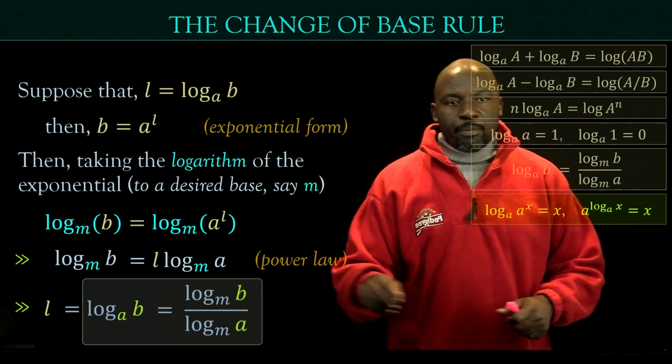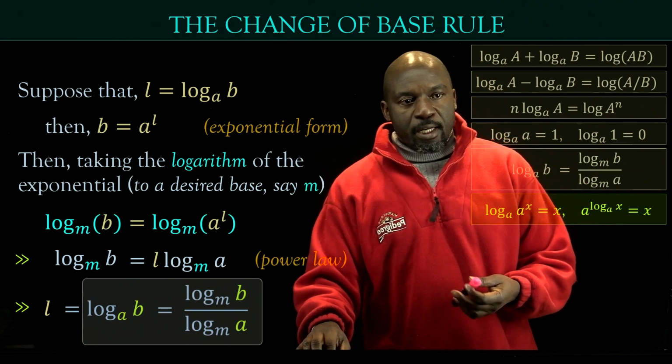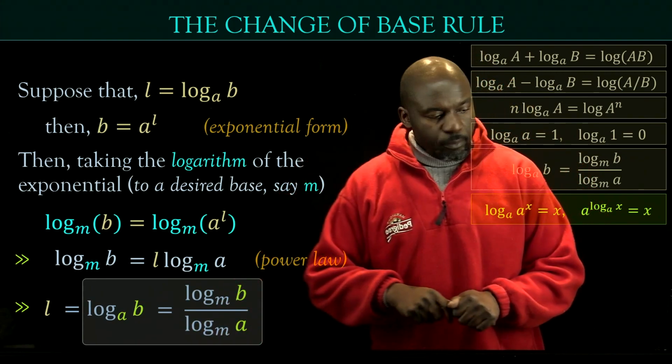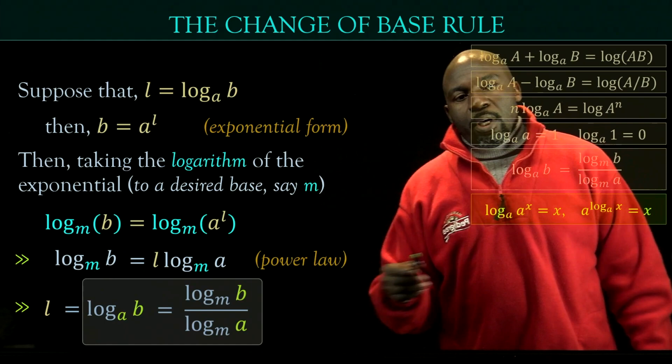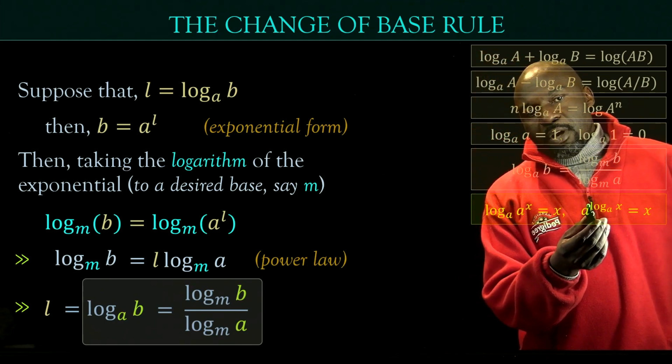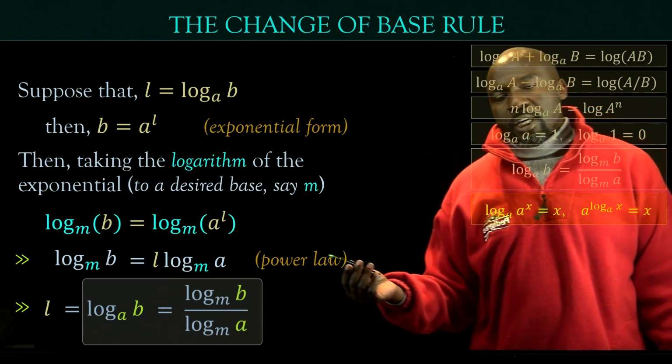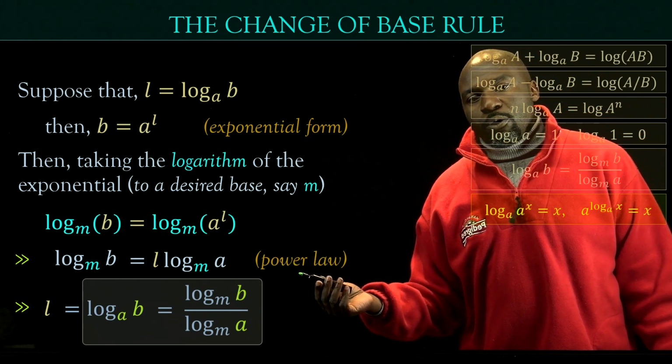To show that the second part is also true, we can simply take the log of both sides. I'm going to use a different color. To show that a to the power of log to base a of x is the same as x, we just need to take log to base a of both sides.